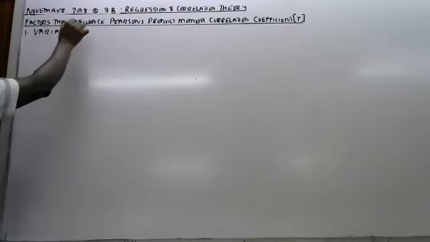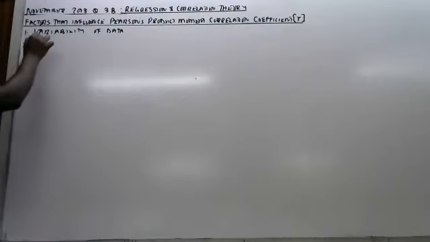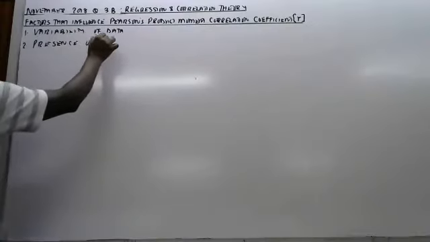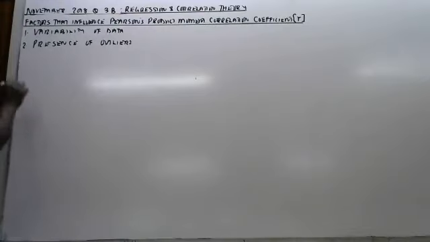So the factors that determine the size of that are, number one, variability of data. Number two, we have presence of outliers. These are values that are extreme when they are compared with the others, either very high or very low values.